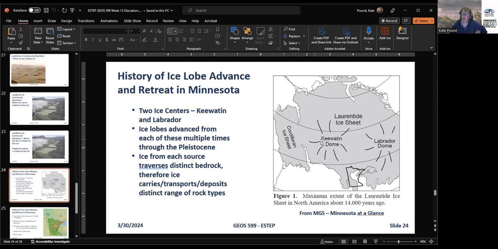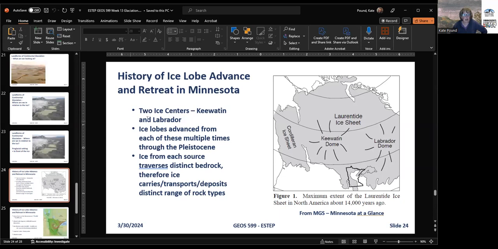So there were these areas of much thicker ice. Ice basically moved away from those domes in all directions. And just because of climatic variation, they were active, not necessarily completely in sync, but they sent ice southward as well as in all the other directions.